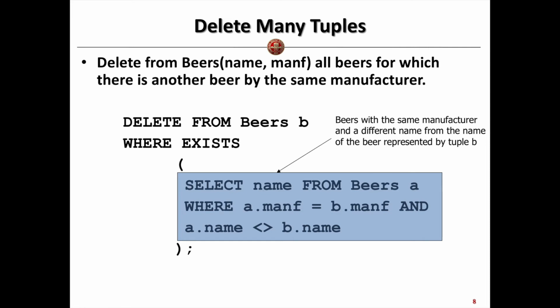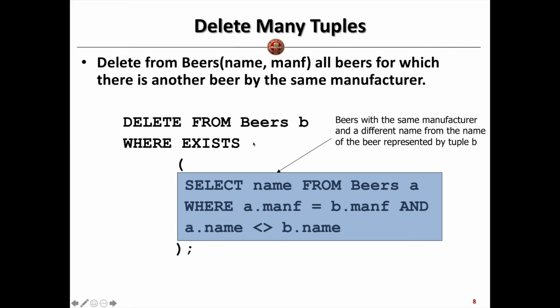Then we can delete from Beers. We provide the name B for the Beers table, where, I hope you still remember this, exists, right? Exists subquery. Inside it, we find the beers sharing the same manufacturer as the tuples in the B table, right? If this one is not empty, it will return a true value.